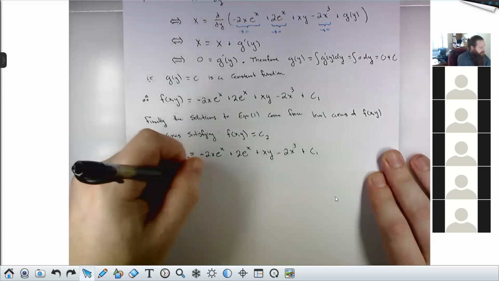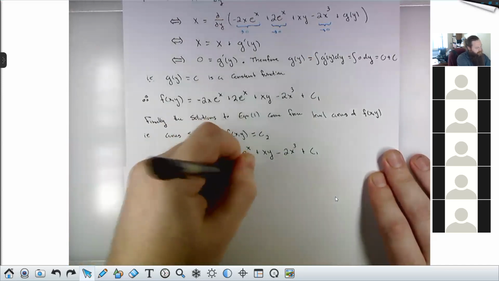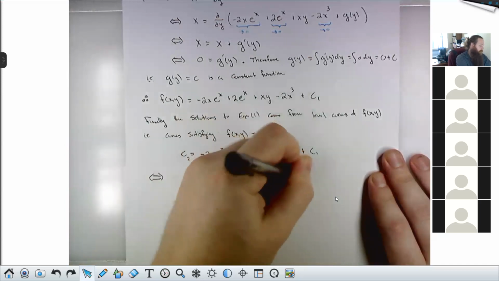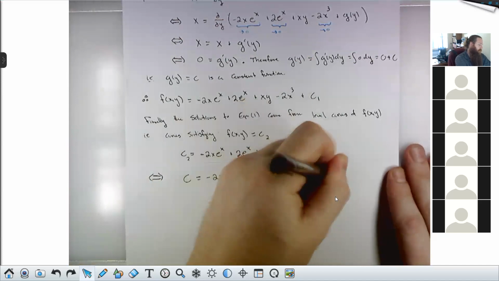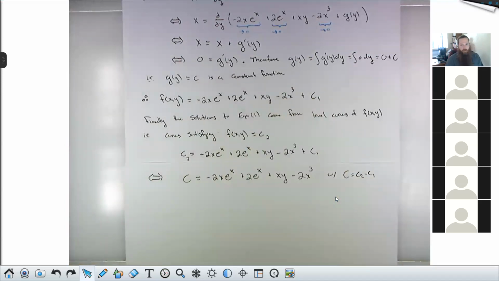This is the same as saying C is equal to negative 2x e to the x plus 2 e to the x plus xy minus 2x cubed, where C is C2 minus C1. And if you want to, you can skip writing the plus C in this step when you integrate your G's. That is acceptable. Not just here, but in general. It's acceptable to skip this because you'll always end up in a situation like this.